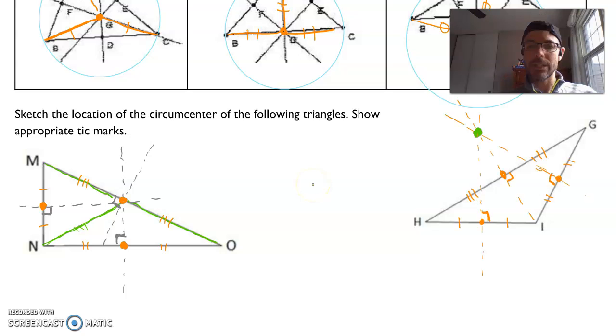Hopefully you identified it in the exterior out here beyond segment GH and marked your congruent segments here, here, and here, plus your three perpendicular segments. Now, we're going to take it another step. Here I could have drawn in segments from here to here and said, hey, those are all equidistant.